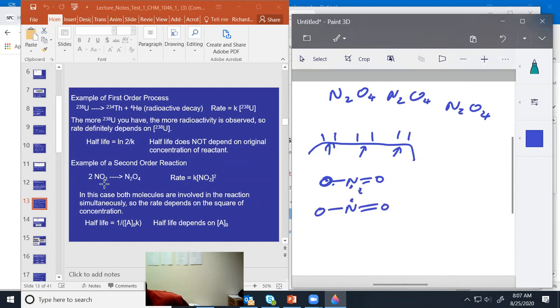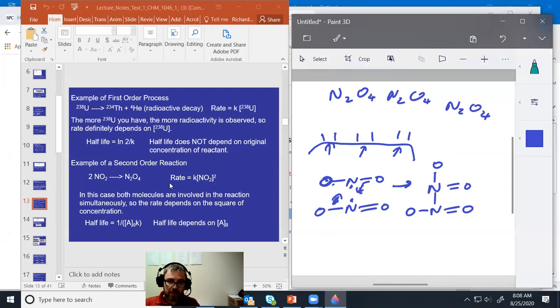So these two things join together, which means there's 2 molecules involved in the one step, the single step, to produce this N2O4. Oh, sorry, it's NO2? Yeah, that's right. So it might look something like that. But in any case, it's 2 molecules joining together to give the N2O4 molecule. And that's why the rate is going to be k[NO2] squared.